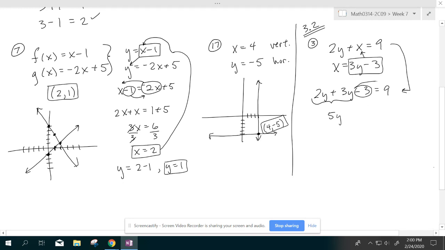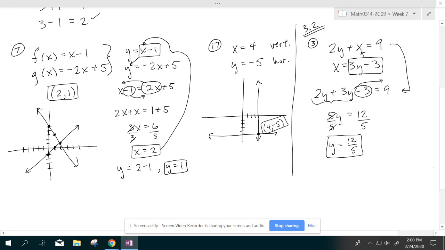And I'm going to go ahead and move the minus 3 on the fly, which gives me a 12. Oh, yeah, it becomes plus on the other side. And divide both sides by 5. Y equals 12/5.